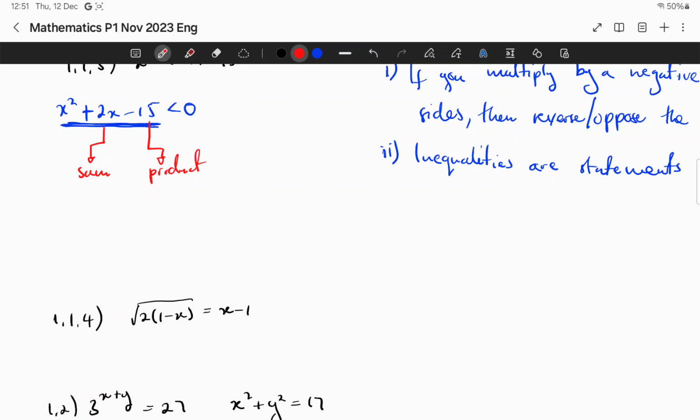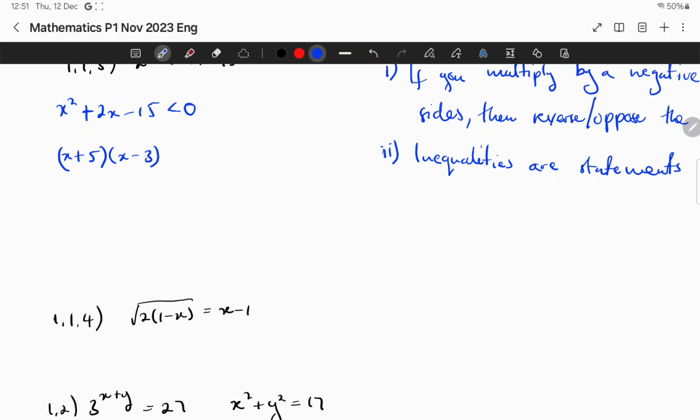What are the factors of 15? Well, there's 3, yes. There's 5, yes. What's the difference between 3 and 5? It's 2. Those are the numbers I'm looking for. Now let's work on how those numbers are arranged. We have a positive 2 and a negative 15. So you want the bigger number to be positive, x plus 5, and the smaller number to be negative.